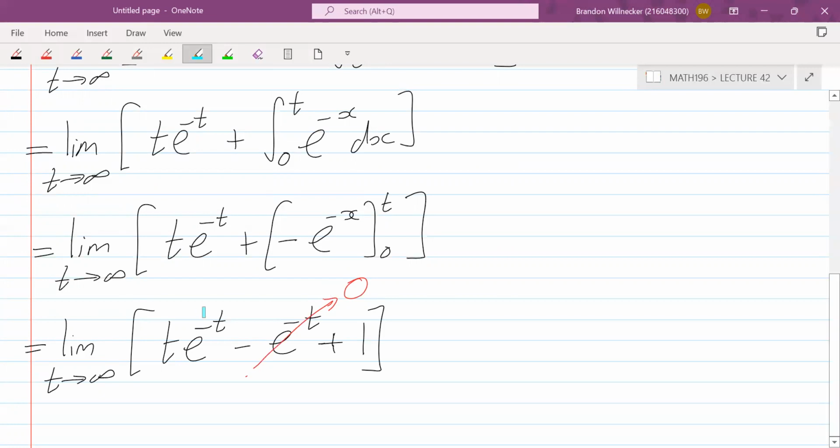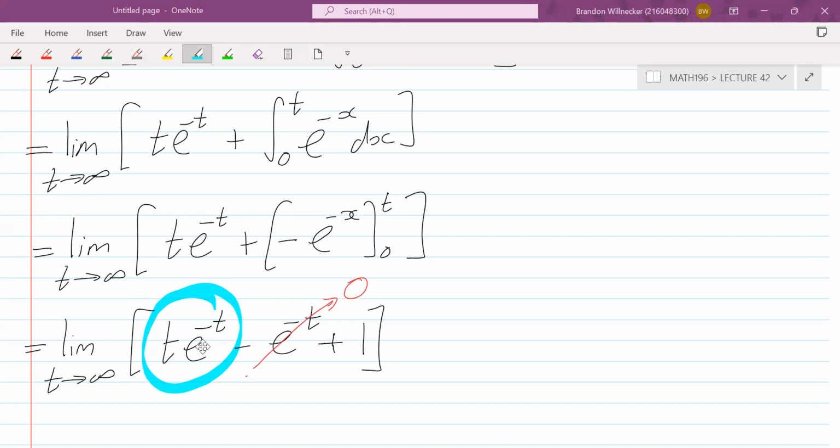However, this first term is a bit more tricky. If we take the limit as t goes to infinity, the first bit is going to go to infinity, the second bit is going to go to 0. So we've got that indeterminate form, right? Remember back in last year, you looked at L'Hopital's rule with that 0 over 0 or infinity times 0, those indeterminate forms.